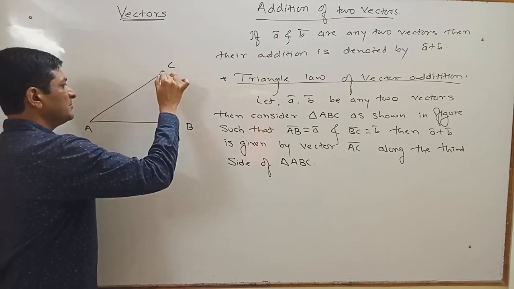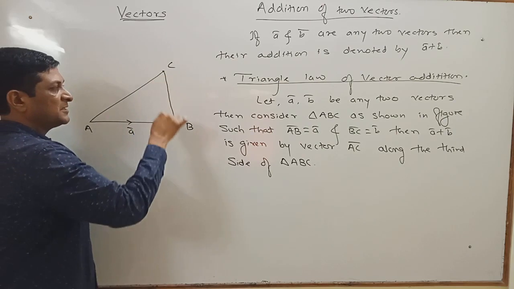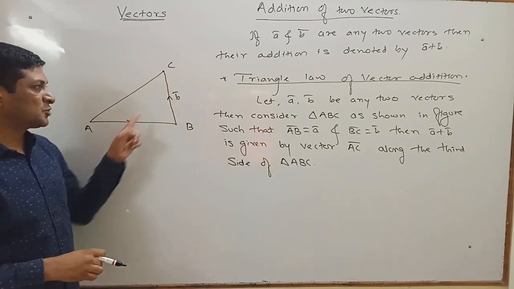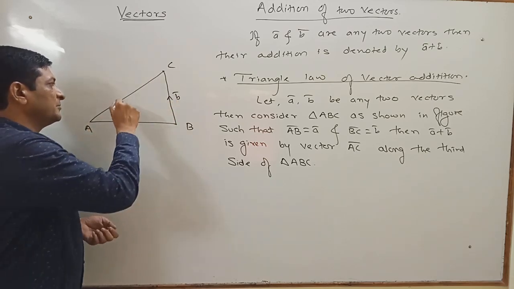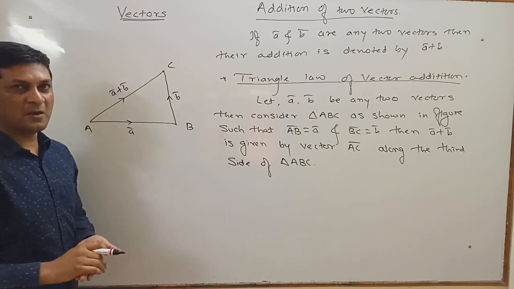In this triangle ABC, I am denoting AB bar by the vector a bar and BC bar by the vector b bar. Then the addition of these two vectors is represented by the third side of the triangle. It means AC bar represents a bar plus b bar according to the triangle law of vector addition.